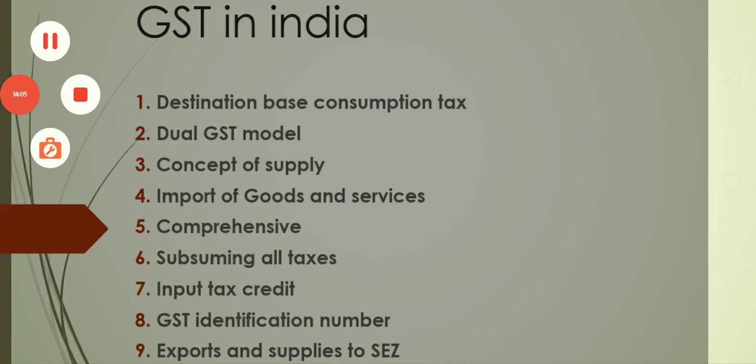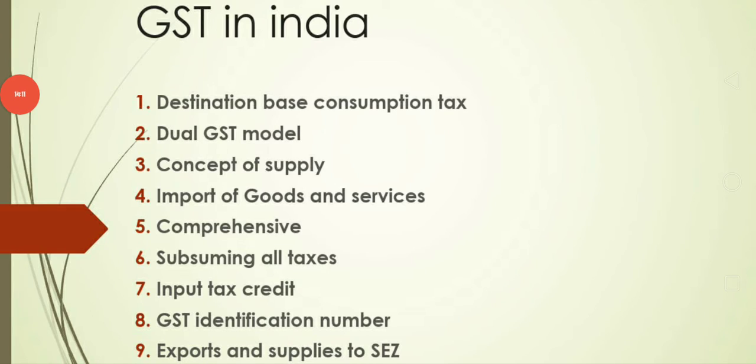Next one, fourth one, import of goods and services. Import of goods or services is treated as interstate supply under GST and would be subject to IGST in addition to the applicable customs duties. And next one, fifth one, comprehensive. The GST is a very comprehensive act and covers almost all goods and services.